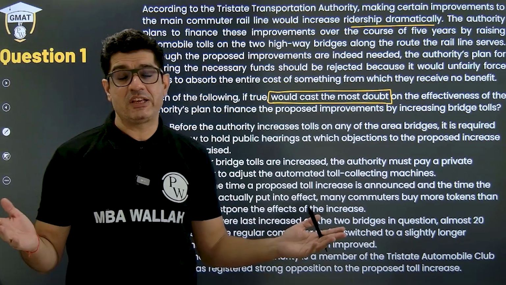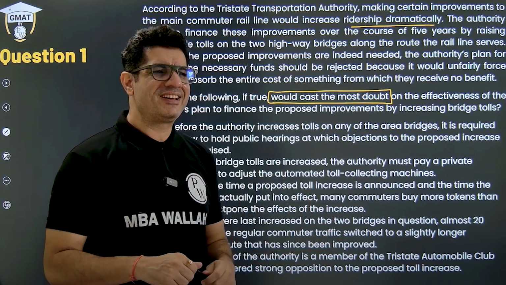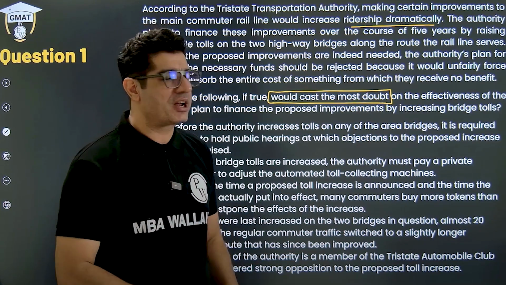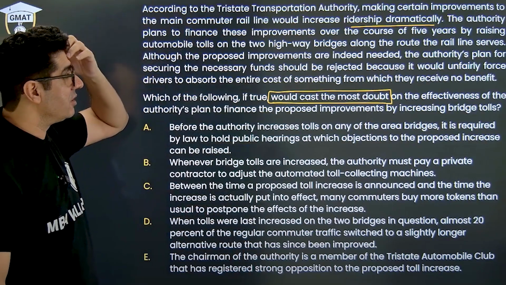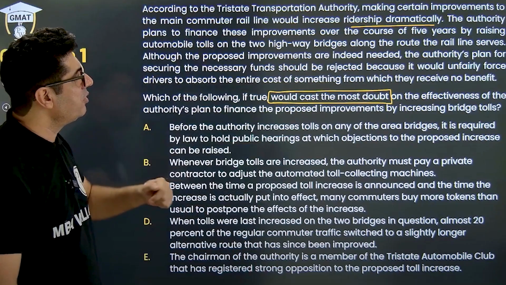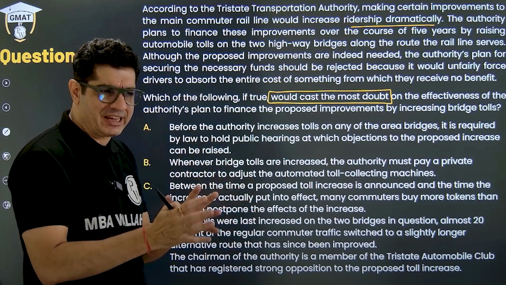Now see, normally if you want to finance a project, you typically involve the stakeholders of that project. But what is happening here? We say that, okay, we need to earn some money in order to bring in these improvements. So what will we do? We have 2 bridges on the highway next to the rail line.